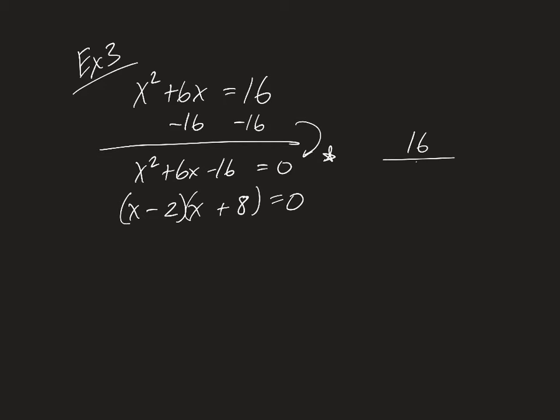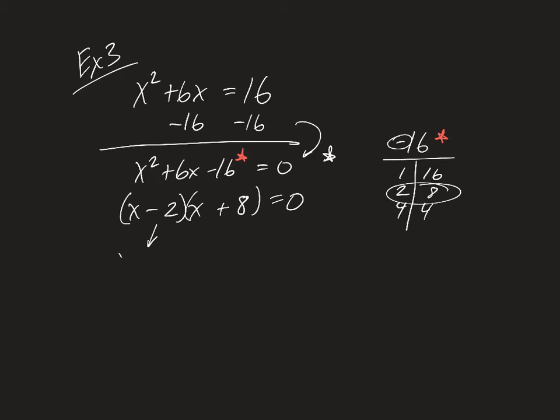We've done this in the past where we write down this number here and we look to see what are factors of 16. 1 times 16, 2 times 8. 3 does not go in, but 4 does. 4 times 4, and that will be it. The only ones that have a difference of 6 are 2 and 8.